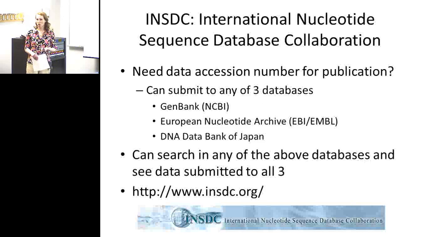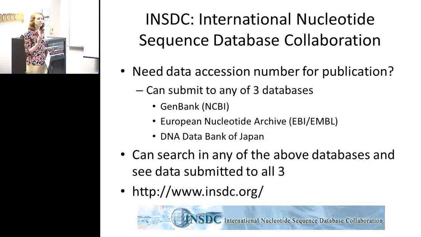So I just want to take a moment to mention the International Nucleotide Sequence Database Collaboration, because I think it's a pretty neat collaboration and something that is relatively rare. If you are going to submit a sequence, you can submit it to one of 3 databases: GenBank from NCBI, the European Nucleotide Archive through EBI, or the DNA Data Bank of Japan.